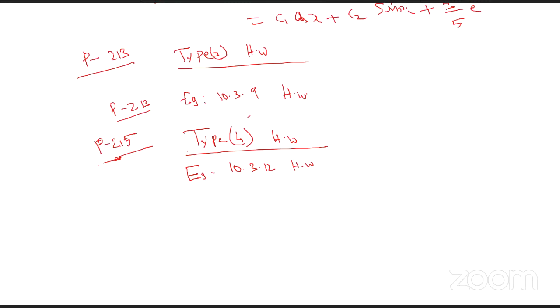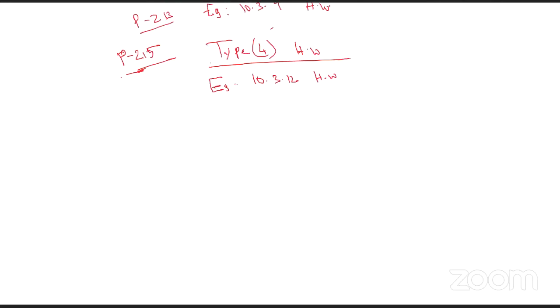Next, page number 219: variation of parameters method, section 10.4.